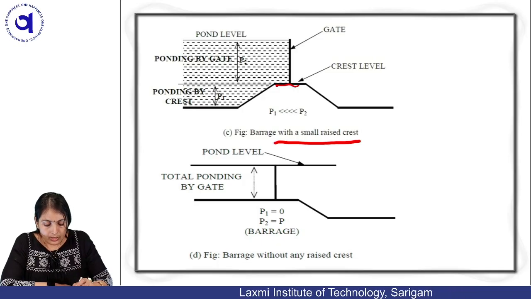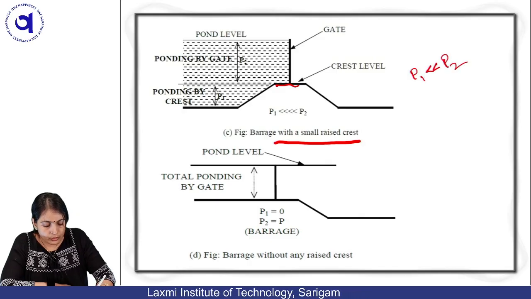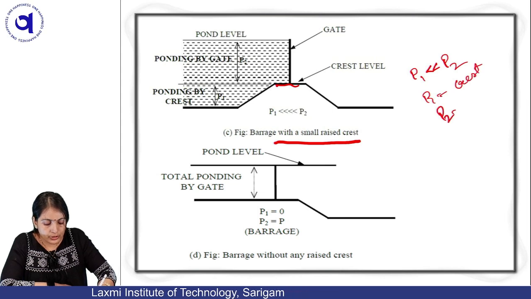In the barrage section your P1 will be less than your P2, where P1 is the pondage due to the crest and P2 is the pondage due to the shutter. So here the shutter is dominating.